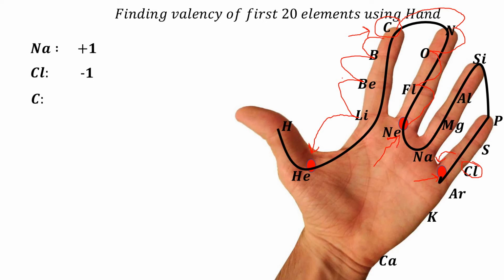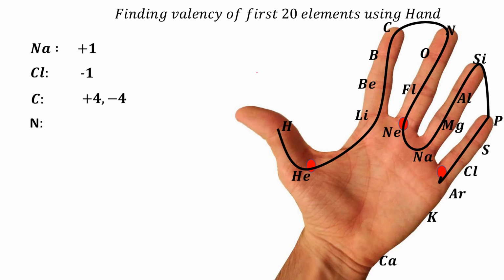If it goes back in this direction to reach this state, it has to lose 4 electrons, then its valency will be +4. So it also explains the concept of tetravalency of carbon. You can see easily that the valency of carbon can either be +4 or -4.